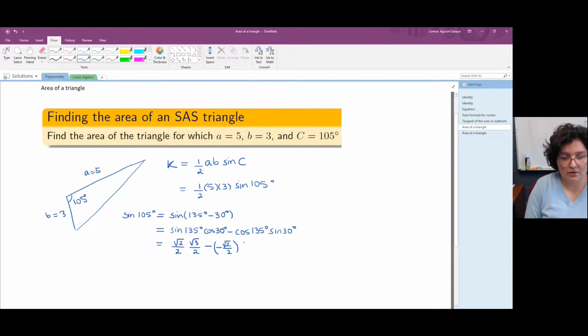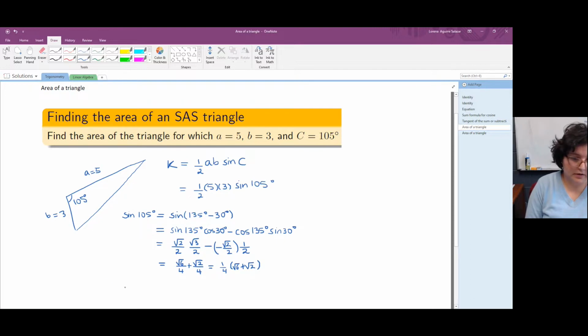And then times the sine of 30, and the sine of 30 is 1/2. But here we found root of 6 divided by 4 plus root of 2 divided by 4, or same thing, 1/4 of root of 6 plus root of 2.